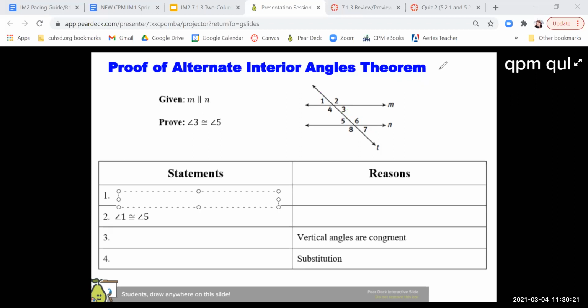So let's start with our given. We have line M is parallel to line N. That's given. And I'm going to also add in from the diagram, just for real clarity, with transversal T. So I'm going to establish that my line M is parallel to line N, and I have a transversal T. What that means is we now have a transversal, and a ton of angles that are created by that.